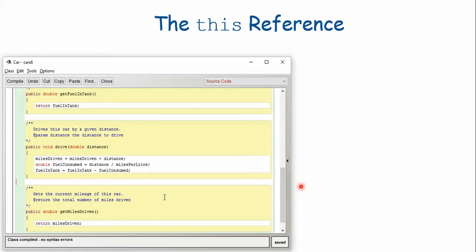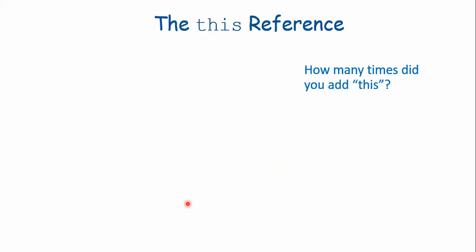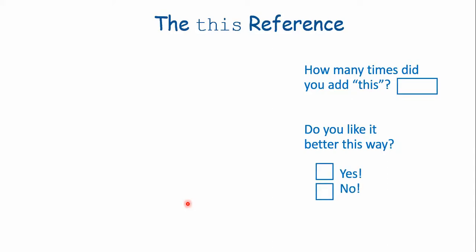Try to modify this drive method by providing this as the reference for all the instance variables, to differentiate them from other local or parameter variables available in the method, and tell me how many times did you add this in the method, and do you like it better this way, yes or no? Pause your video for a while, try it on your own, and come back again.